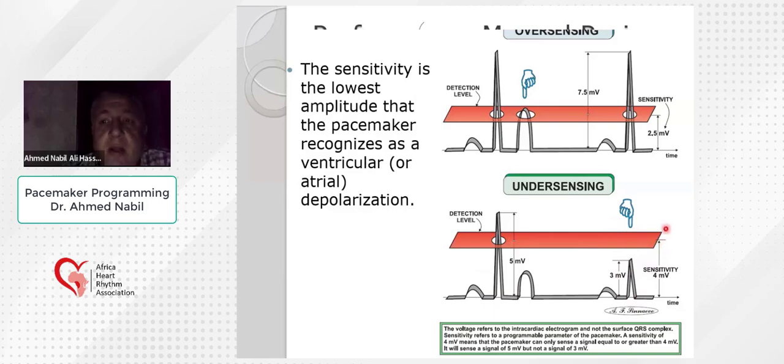So if I adjust the sensitivity too low, the atrial lead will sense many unneeded events. And if I set the sensitivity at a very high value in relation to the measured R wave, sometimes there will be undersensing, and sometimes there will be an intrinsic rhythm that the pacemaker will not sense, and this will cause unneeded pacing in this situation.